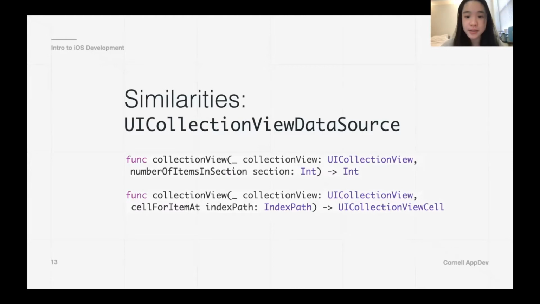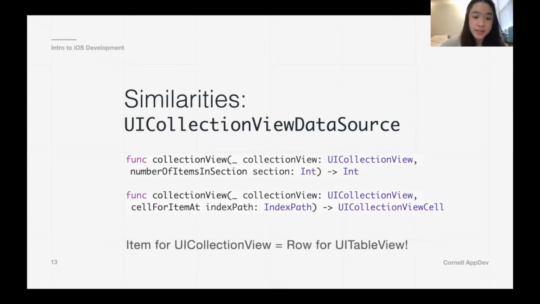And so these methods are really similar to table views. In fact, they juxtapose each other. The first specifies how many items we want to render, and the second specifies what view we're rendering for the item. And so essentially, like I said before, an item for a collection view is just synonymous with a row for a table view.